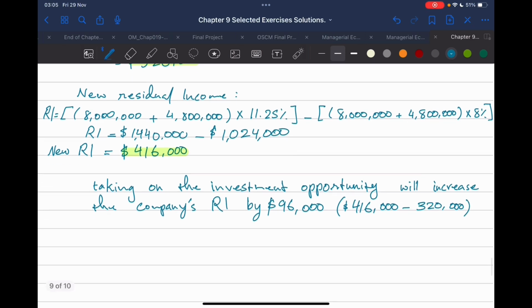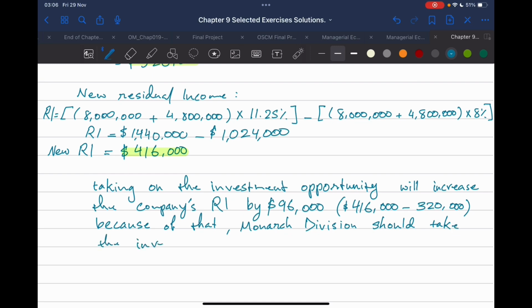Because of that, Monarch division should take the investment opportunity.